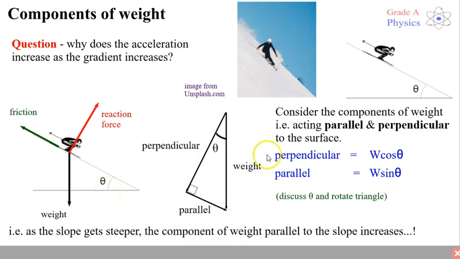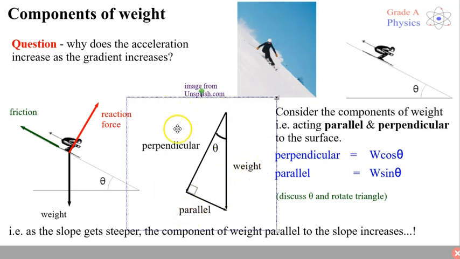And then we can just apply SOHCAHTOA. If I'm interested in the perpendicular component here, that's the adjacent, so that's going to be the weight times cos theta. And the parallel component, that's the opposite to the angle, so that's going to be W sine theta. So this is straightforward SOHCAHTOA, but it causes a lot of confusion because it's different to what we've seen before.